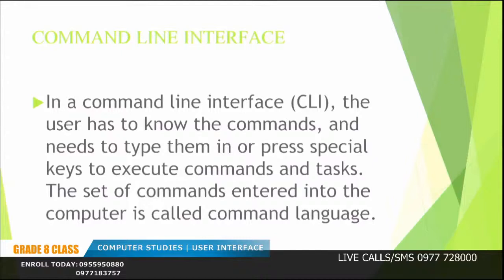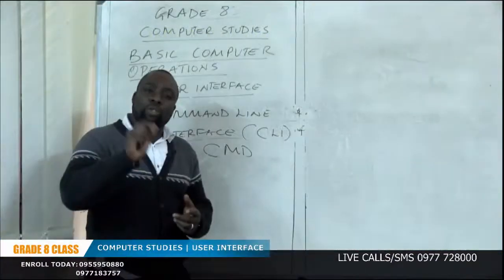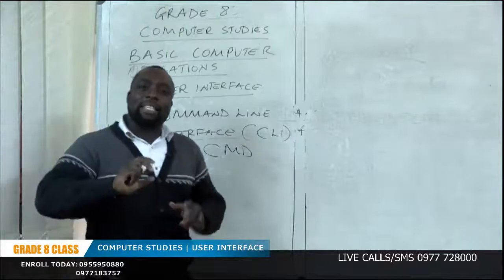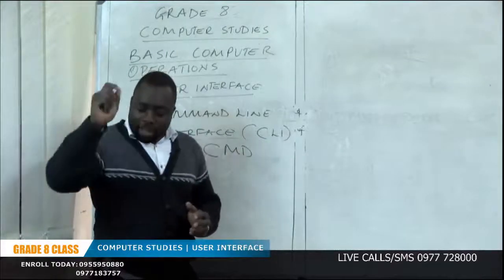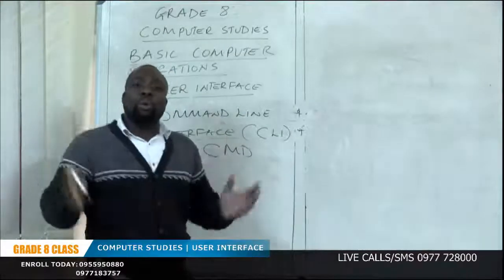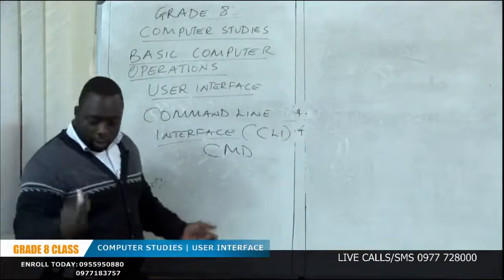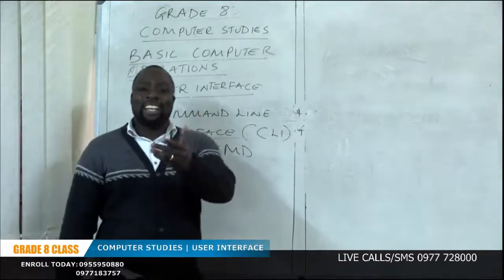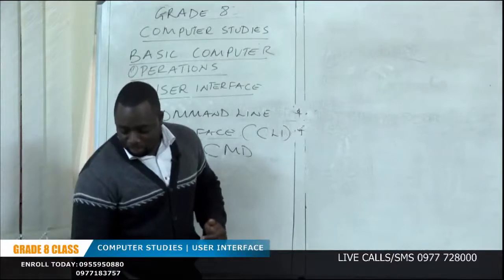But in the olden days, we had operating systems such as MS-DOS, which is the Microsoft Disk Operating System. This type of operating system used the command line to make sure that users interact with the computer. So now, let us look at some of the advantages.